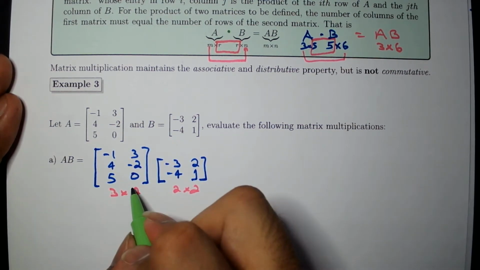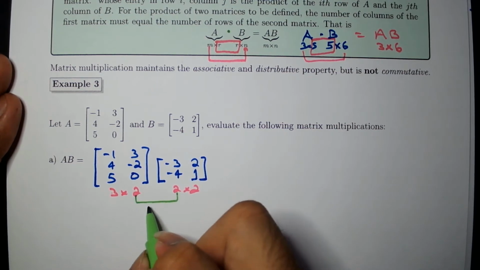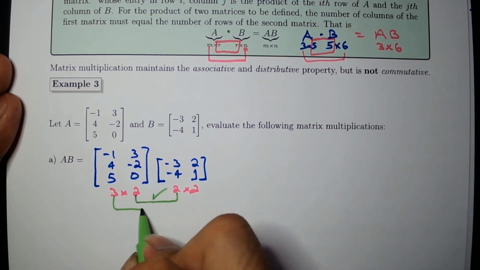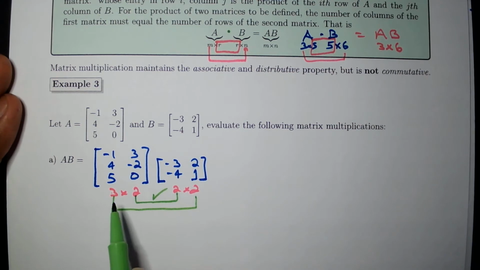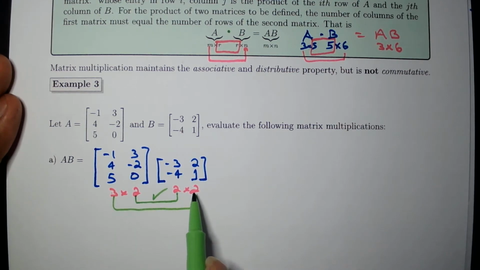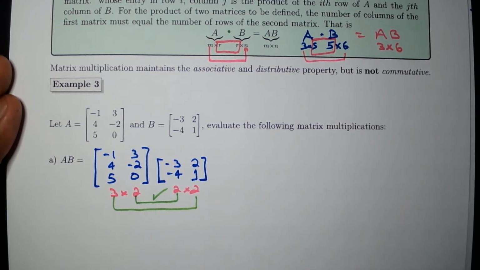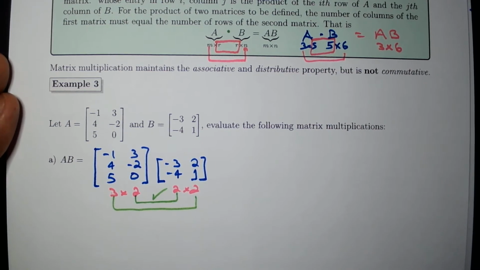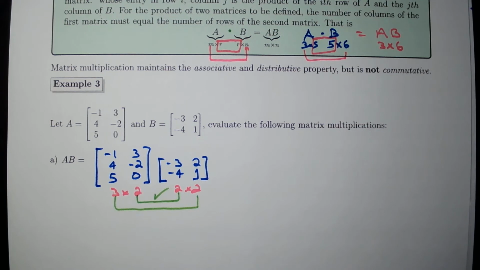Notice these two numbers are the same, and our final answer will have 3 rows and 2 columns, just like matrix A. How are we going to multiply those matrices? Well, I'm going to use pencil here.